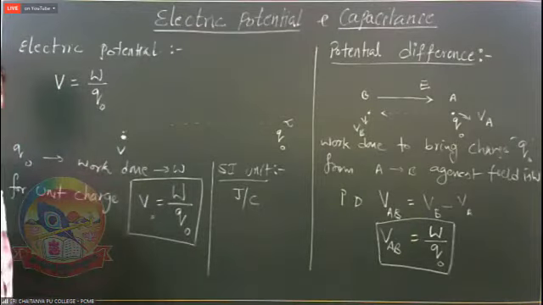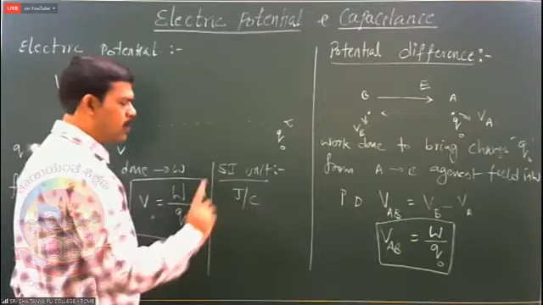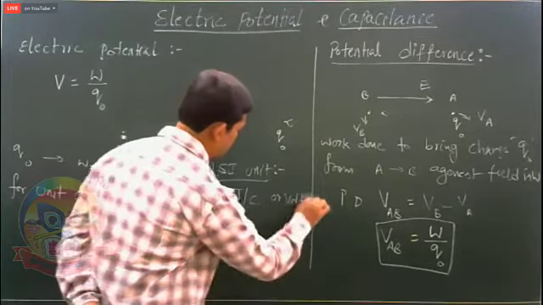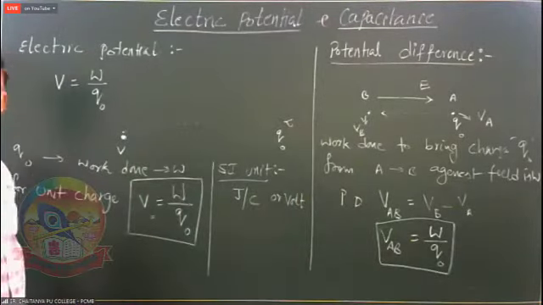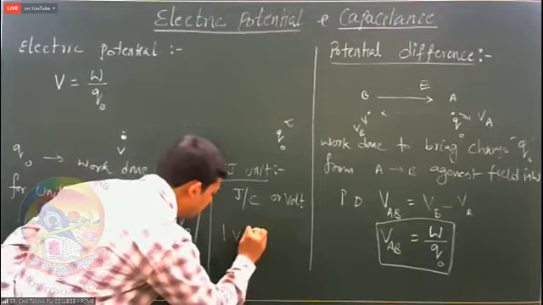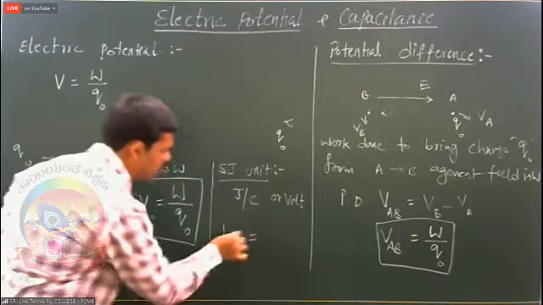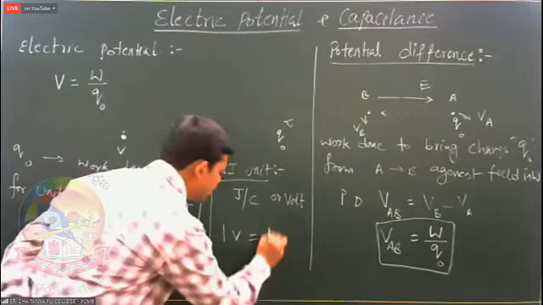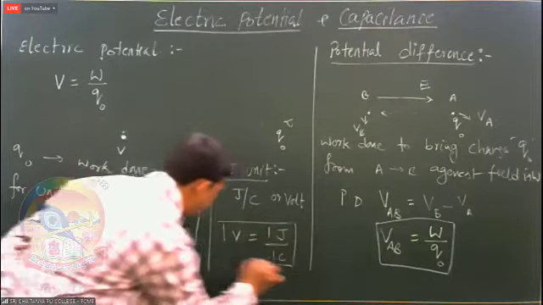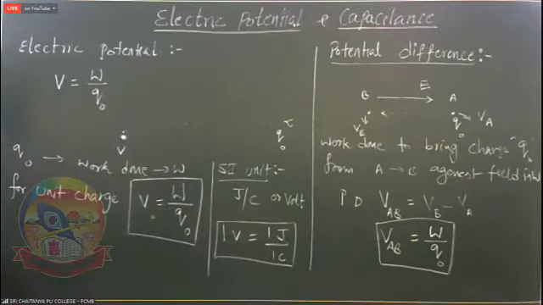So joule per coulomb. But in general, we don't use this joule per coulomb. We call this volt. So what is the unit of potential or potential difference? 1 volt. We write it like this, 1 V, which is equal to 1 joule by 1 coulomb.